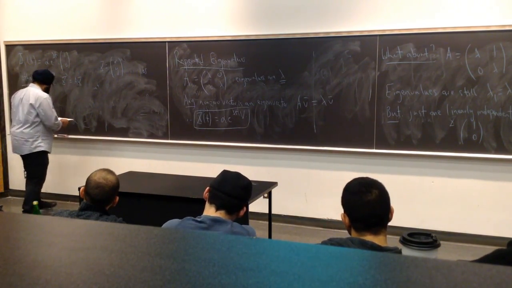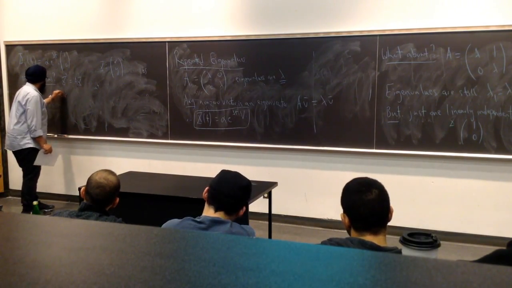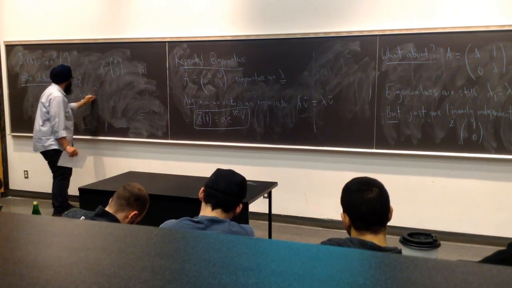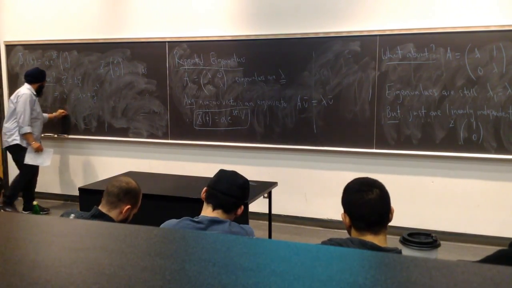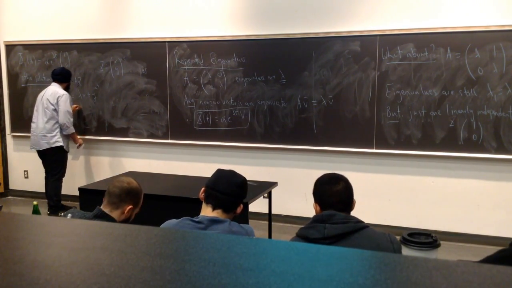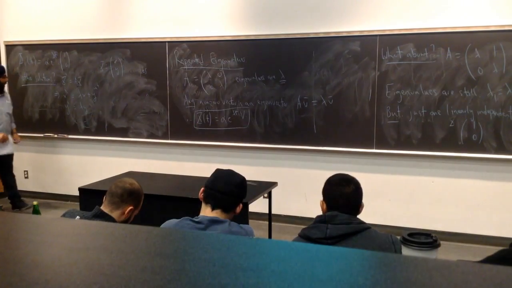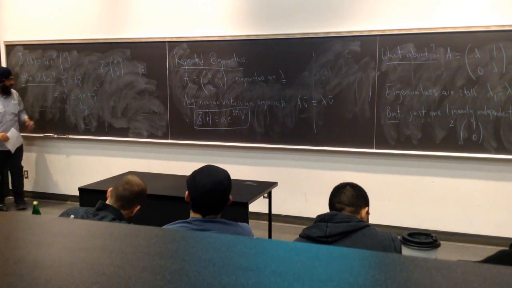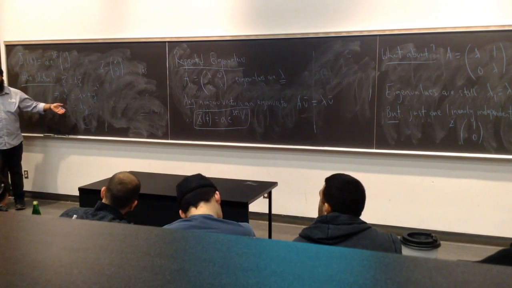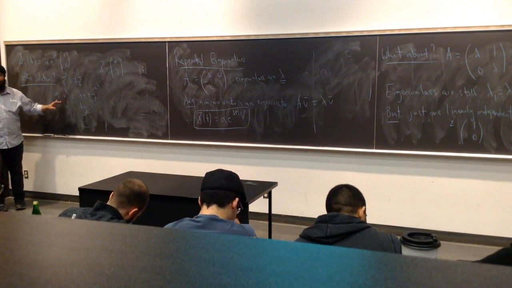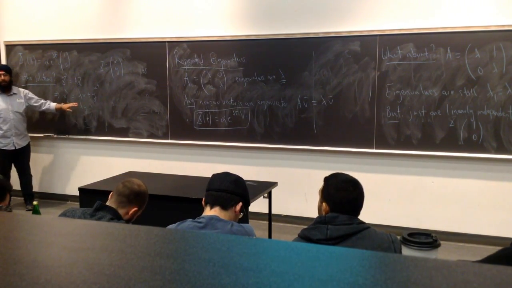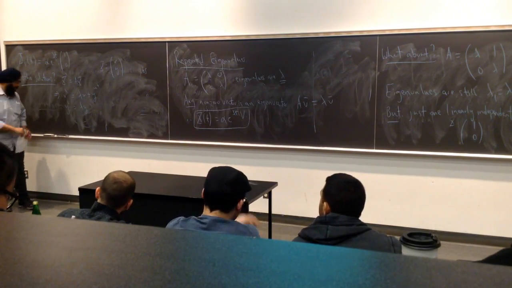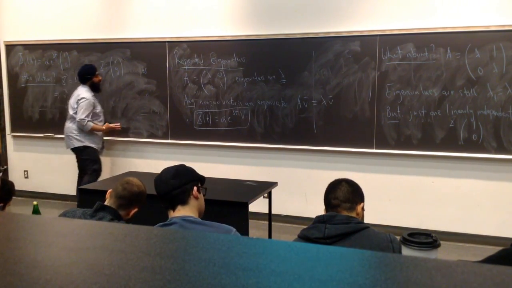So I'll get that this is the same as x prime is equal to lambda x plus y, and y prime is equal to lambda y. But then, you see, in some sense, the equations have decoupled. This is no longer a system of equations, because the second equation doesn't depend on x at all. So I can solve it independently of the first. So let me do that.